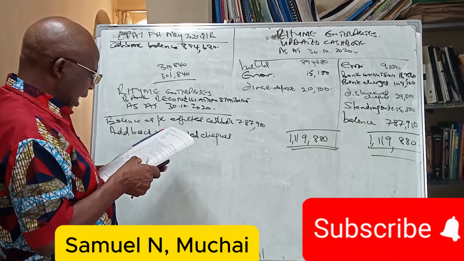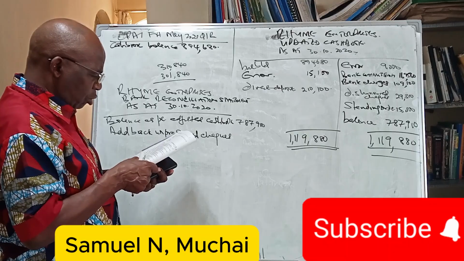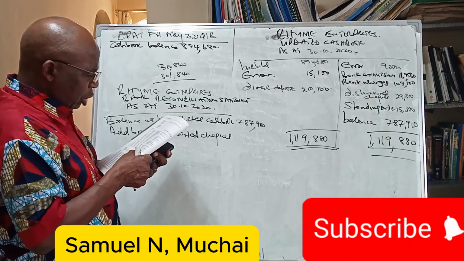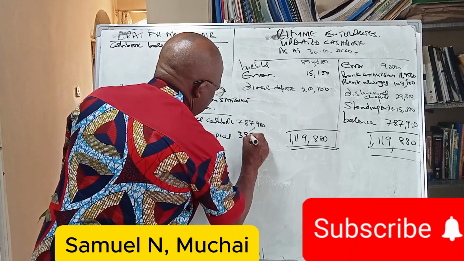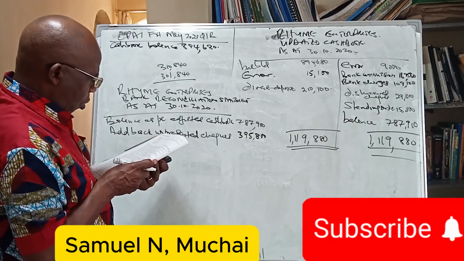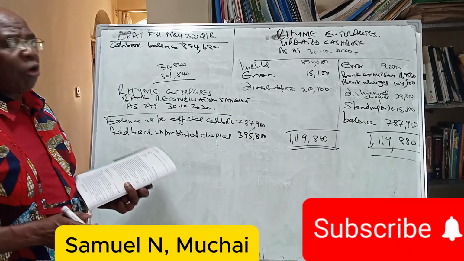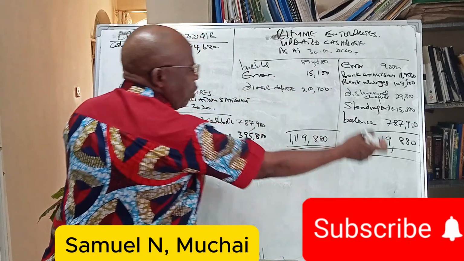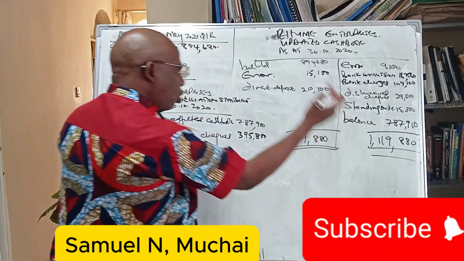And we are saying checks paid by Lime Enterprises during October 2020 amounting to $395,800 were not presented at the bank. So because we had deducted, we now add them.